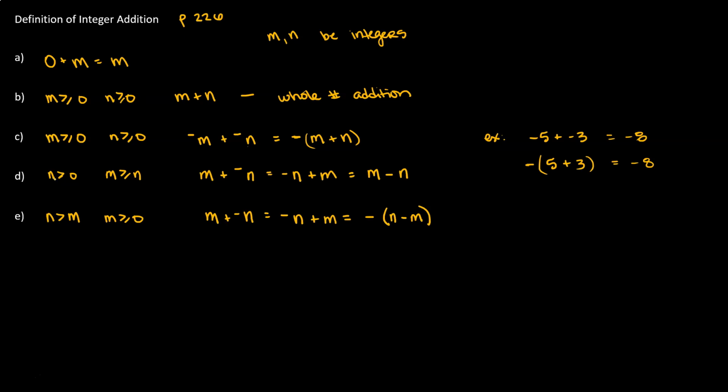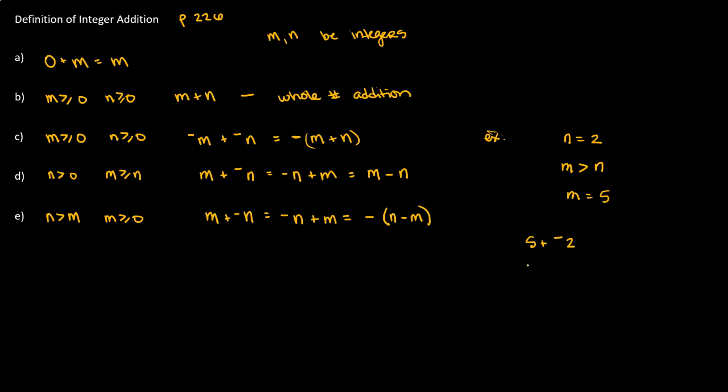For example, n greater than 0 could be anything, 1, 2, 3, 4, 5, whatever. But then m has to be bigger than whatever you picked for n. So maybe for part D, if we wanted to do a quick example, we could pick n to be 2. M has to be bigger than n, so let's pick m to be 5. Then we could use this rule that says 5 plus the opposite of n, so the opposite of n would be -2.